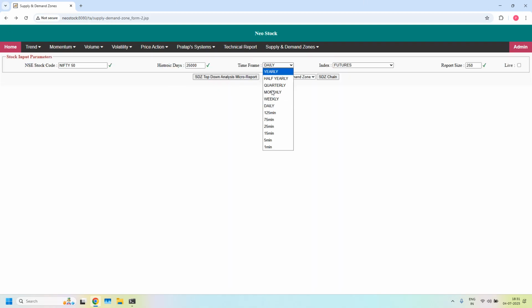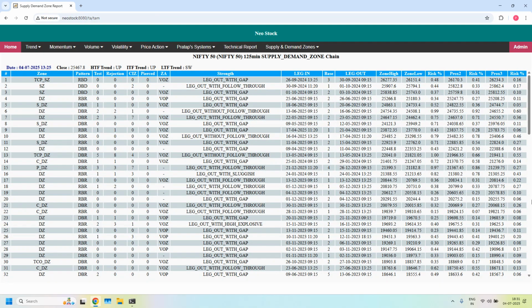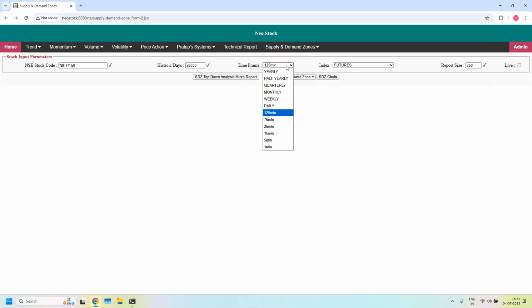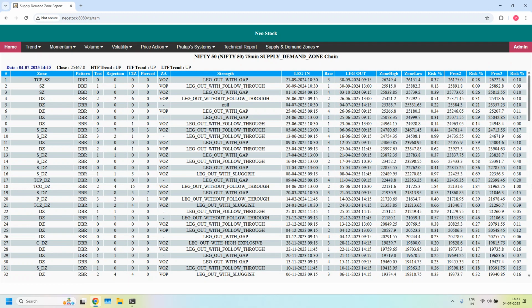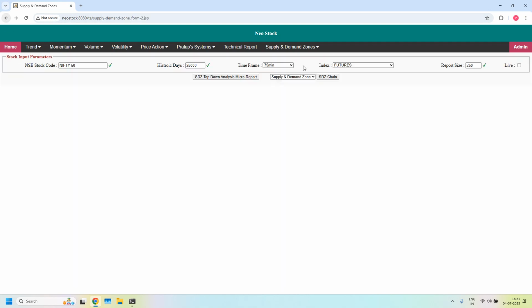Next, generating 125 minute supply demand zone chain for NIFTY. Next, generating 75 minute supply demand zone chain for NIFTY. Next, generating 25 minute supply demand zone chain for NIFTY.